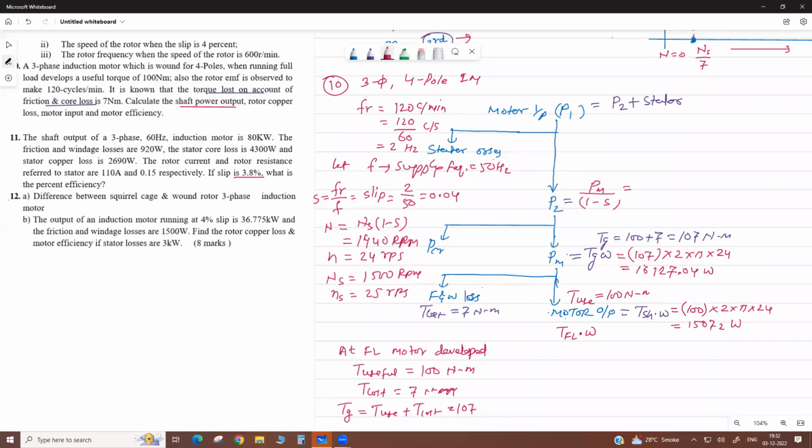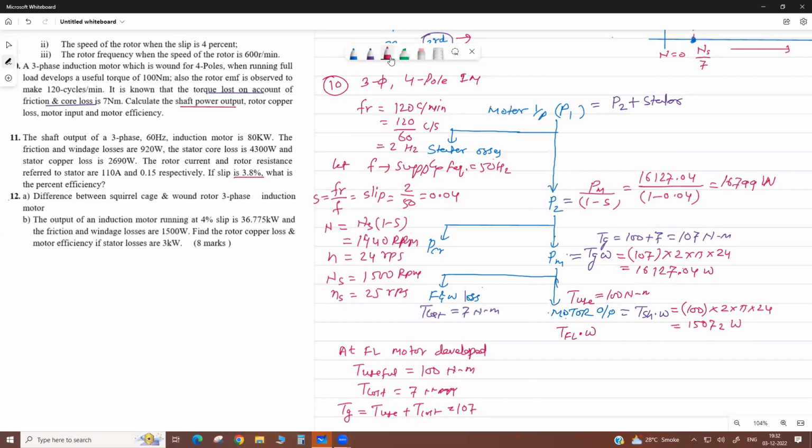Now this we can calculate: 16127.04 divided by 1 minus 0.04. It comes 16799 watt.